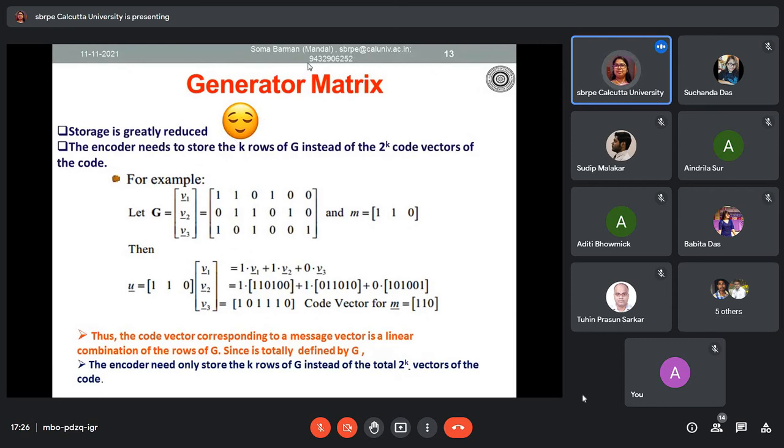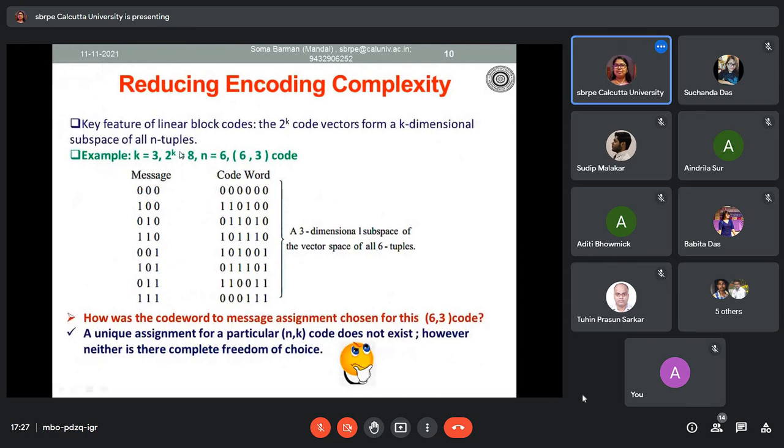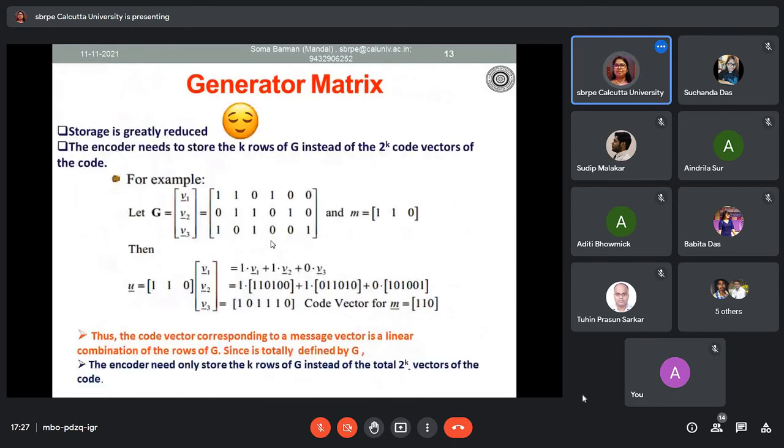And we are considering the message m equal to 110. First observe here, for 110, what code word is generated? 101110, that is 1 0 1 1 1 0. Now there is no lookup table; only the table containing 3 basis vectors.